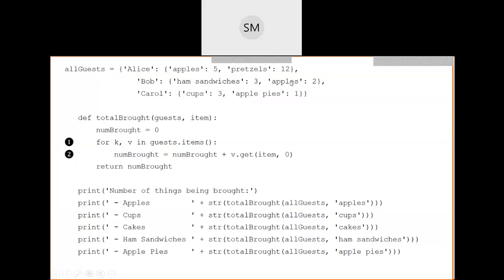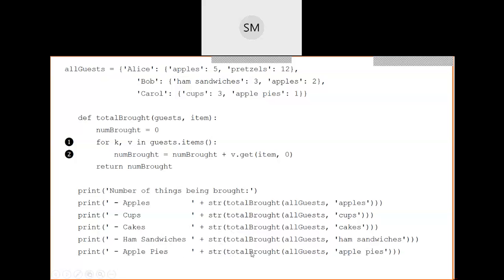Only apples, pretzels, sandwiches, apples once again, cups, and apple pies are there. So the cakes count will be 0. Sandwiches are present, so some number of sandwiches will be shown here. And apple pies are also there, so the apple pies count will be displayed here.